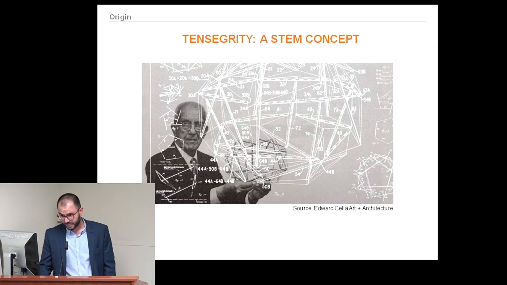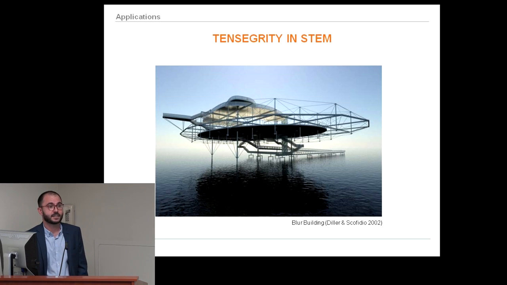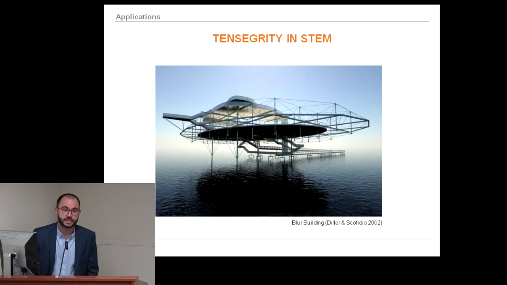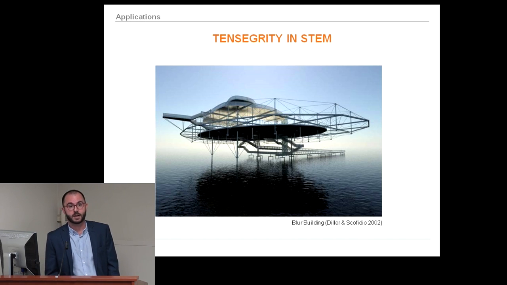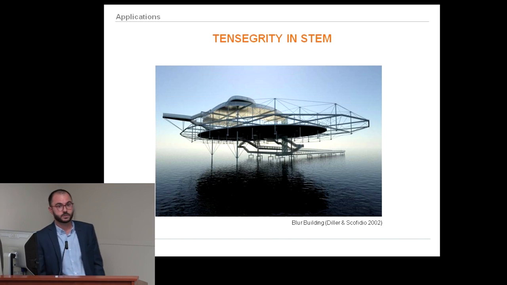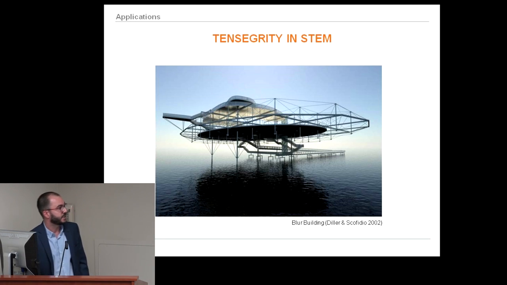Tensegrity has since gone from art into science, starting from mathematics. It went also from art directly to architecture. Architects have been proposing tensegrity structures due to their aesthetics. You see here the Blur building, a temporary construction in a lake that looked like a cloud in the lake, but actually had a skeleton which was a tensegrity structure.